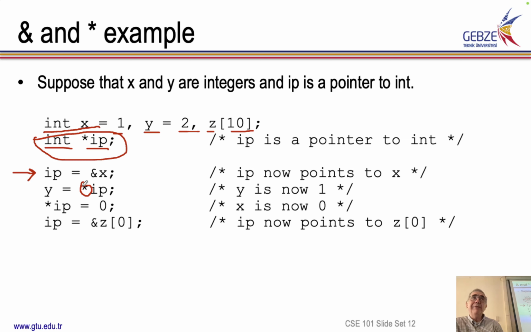I believe some of you may still think, when I say Y is equal to IP, it might behave like a mathematical equation. No, it is not a mathematical equation. It is an assignment. So if I say Y is equal to IP somewhere, it doesn't mean that Y is equal to IP. It means that I am assigning it.